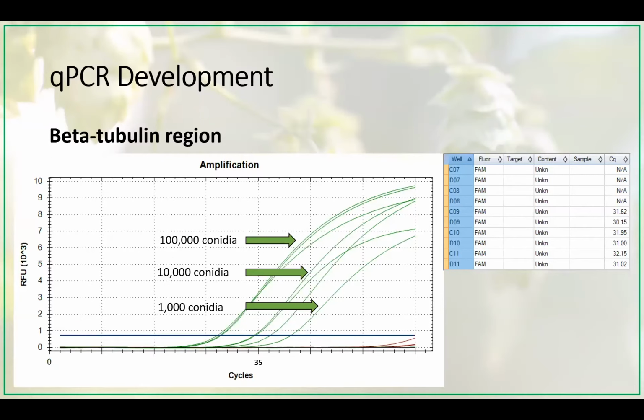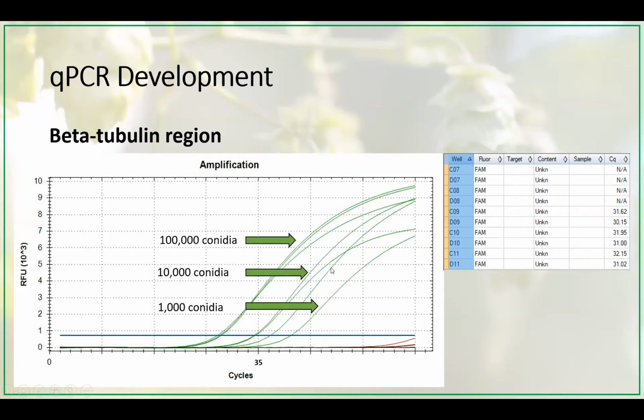So here we have the relative fluorescence of an assay for hop powdery mildew in the beta tubulin region. And then these are the number of cycles that we've gone through. So when we were using 100,000 conidia, the triplicate that I had run would amplify well and had a relatively tight group.